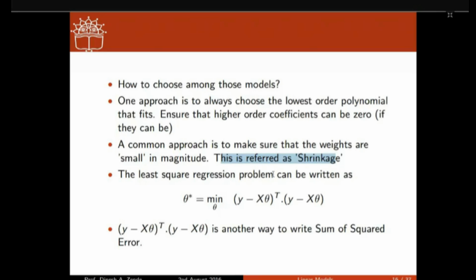Now you can write the least squares regression problem as theta star equals the minimum over theta of (y minus X theta) transpose times (y minus X theta). This is another way to write the sum of squared errors.